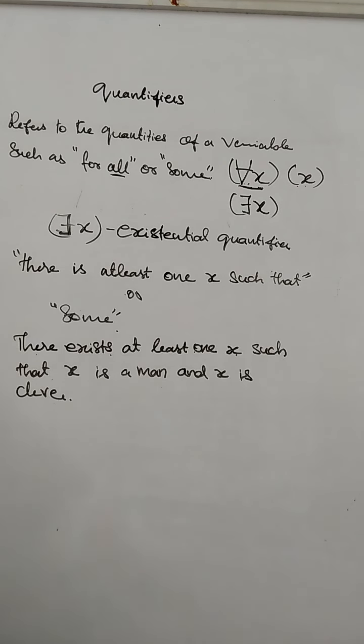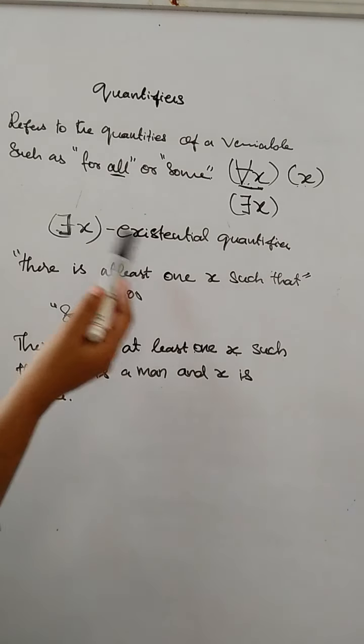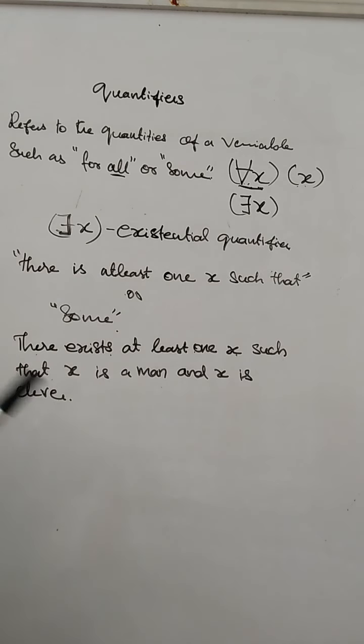So if this value will exist in the universe, that's why here you can consider this as an existential quantifier. This is an example for the existential quantifier.